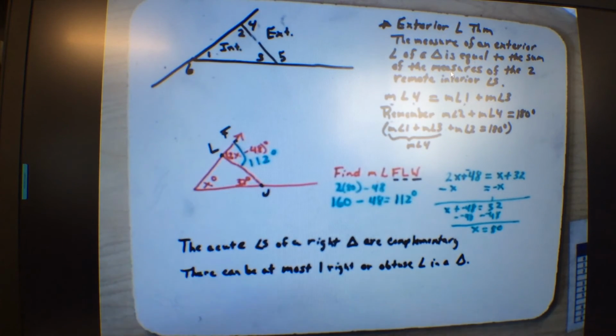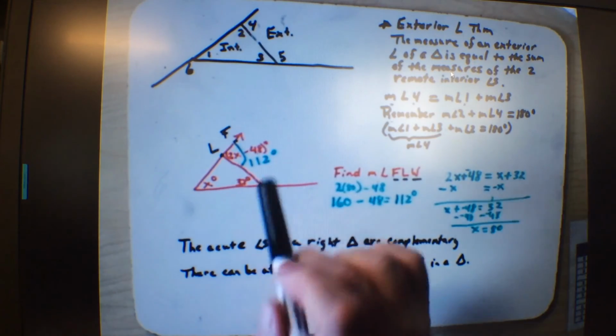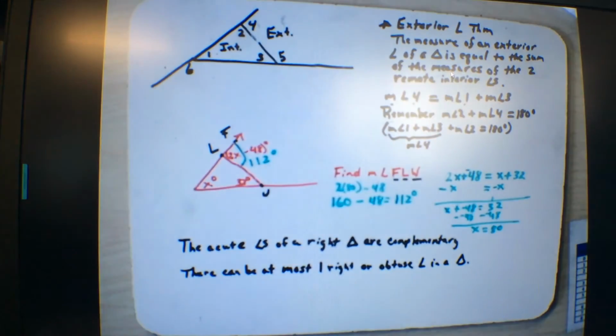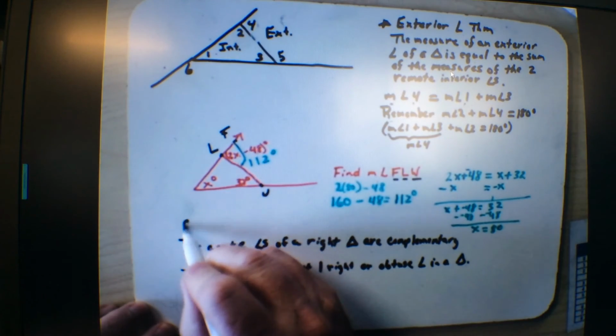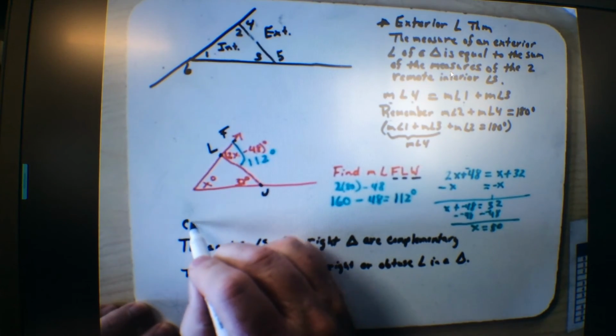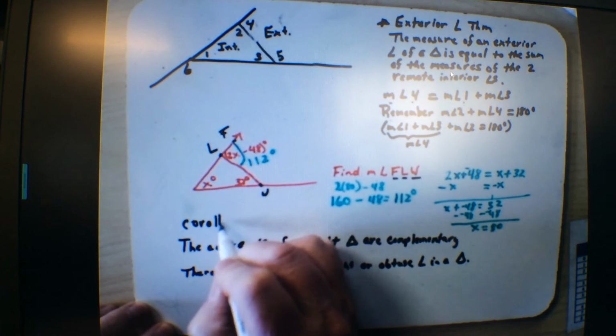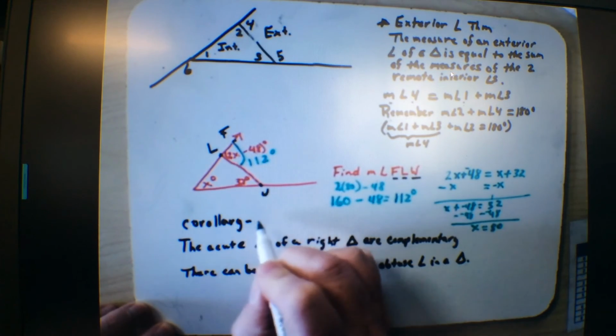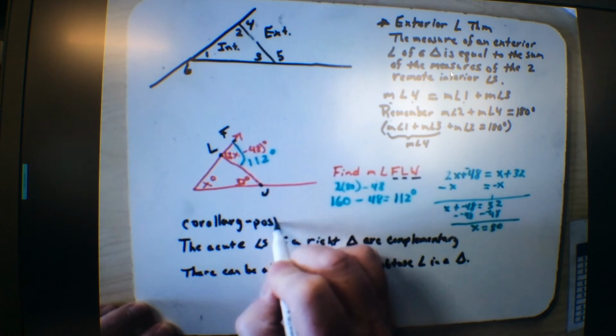These pictures are in your book also. Actually, this one is not, but the first two I showed you are in your book. Okay, so on page 285, it talks about a corollary. Corollary is a postulate.